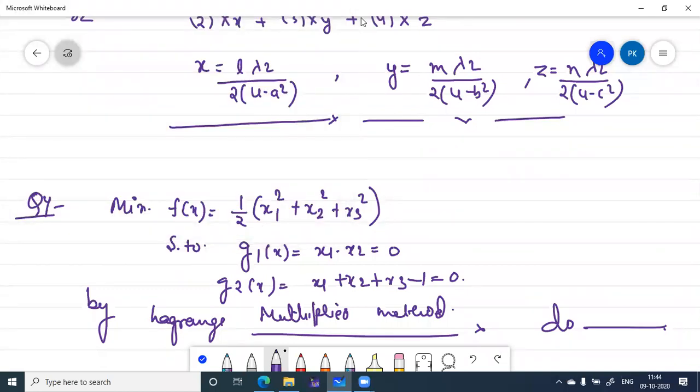Is this okay? Please write present in the chat box.